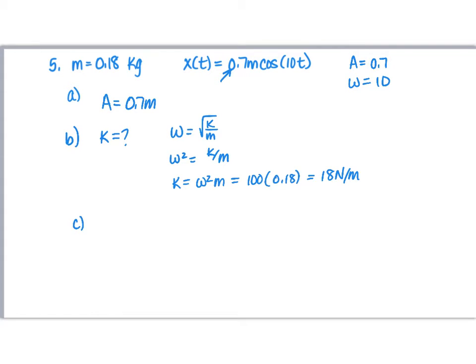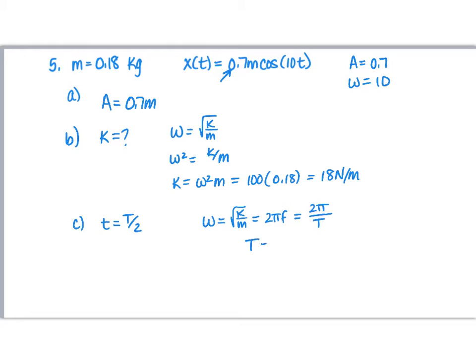C is the position of the mass after it's been oscillating for 1/2 a period. And so in order to answer that question, we're going to have to figure out what the period is. So if I go back to the idea that omega is the square root of K over M, that's also equal to 2 pi f, which is 2 pi over the period.